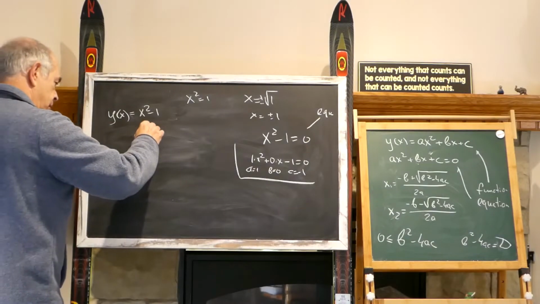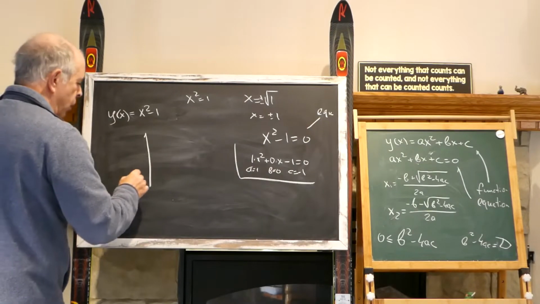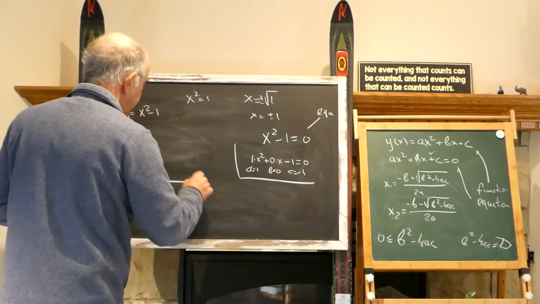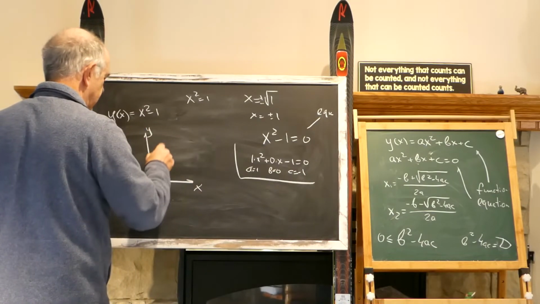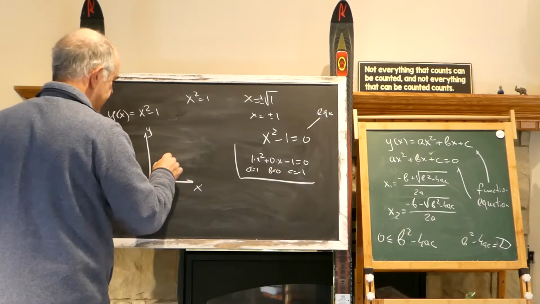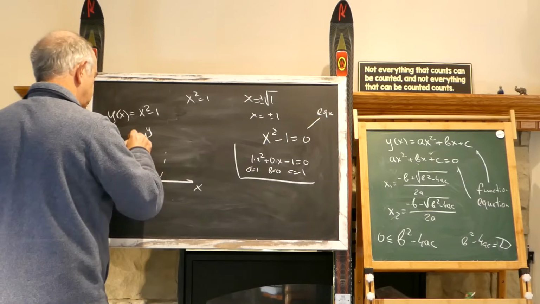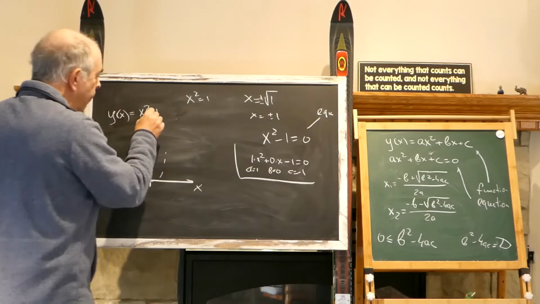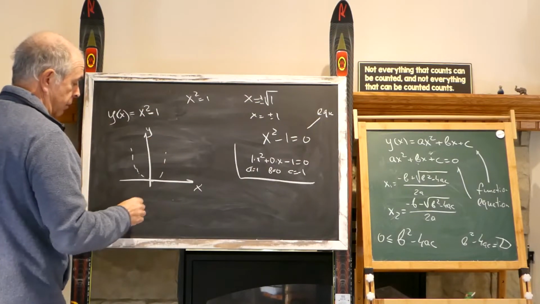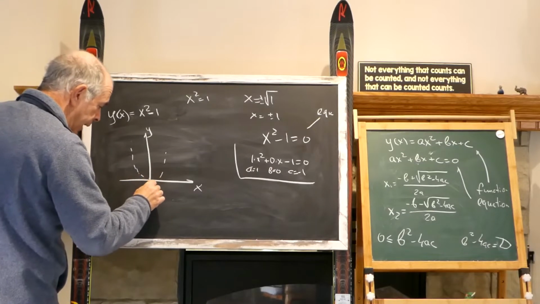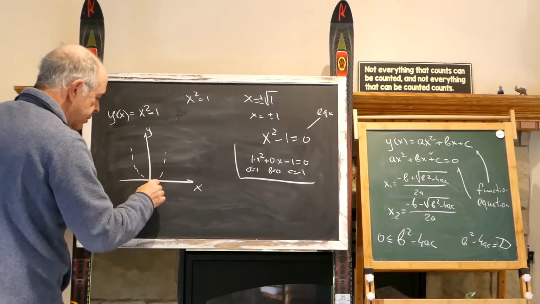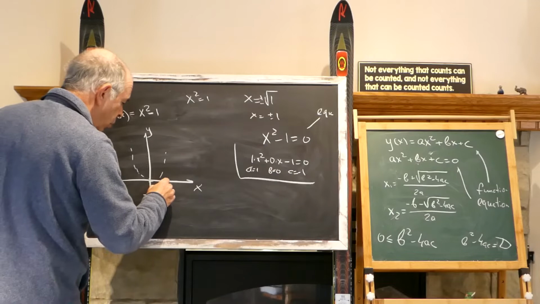So, let's draw it. We know how to draw x squared already. X squared is this parabola, I just don't want to repeat it, but it's minus 1. So I have to add here minus 1, so my parabola would go like this.